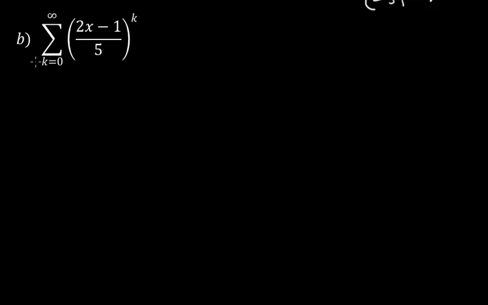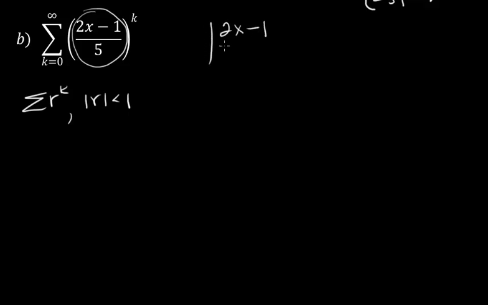Part B, well, we know that sigma r to the k converges when the absolute value of r is less than 1, and that's what this is written like. We have something being raised to the kth power here. So this will converge when the absolute value of 2x minus 1 over 5 is less than 1. So that gives us 2x minus 1 is less than 5, multiplying both sides by 5.